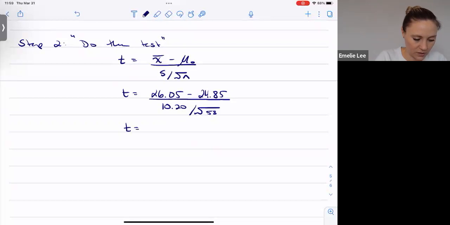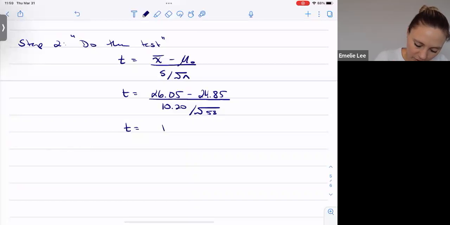2605. I'm going to store this here. Okay. 2605 minus 2485 is 120, divided by, recall, 1.33932565.